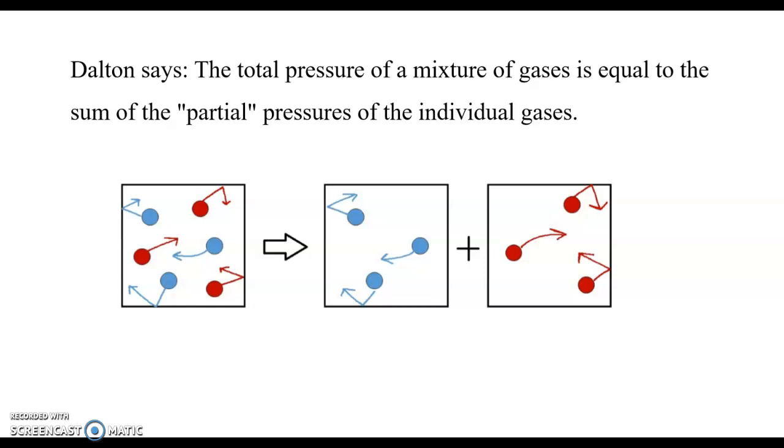So because of this, pressure in the mixture of gases continues to be related to the total number of particles, as we saw in lab, regardless of the fact that those particles are of different identities.